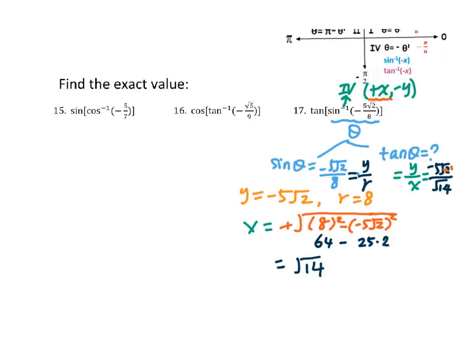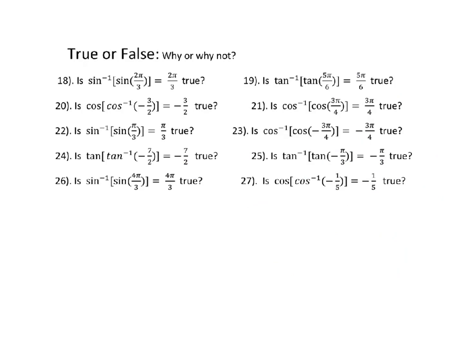Reduce. This is 1, here's a 7. Therefore, we got negative 5 over square root of 7. Simplify. We got negative 5 square root of 7 over 7. This will be the final solution for number 17.